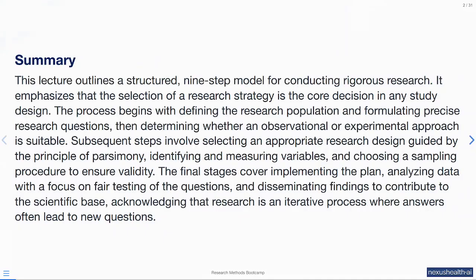The final steps of the 9-step model cover implementing the research plan, analyzing the data that has been collected, with a focus on fairly testing the questions, and then going on to disseminate the findings to contribute to the scientific base. It is important to acknowledge that research is an iterative process where answers often lead to new questions.